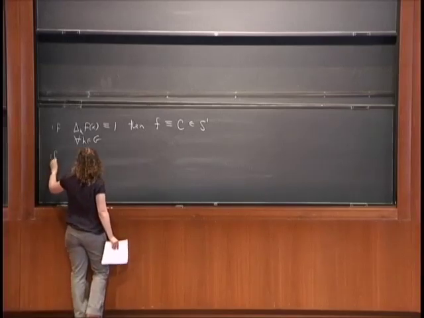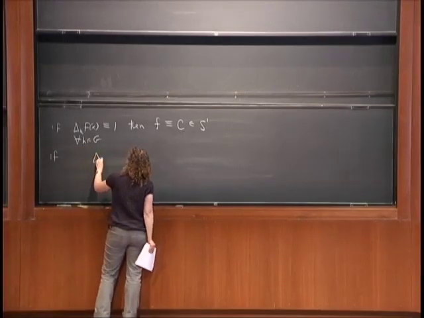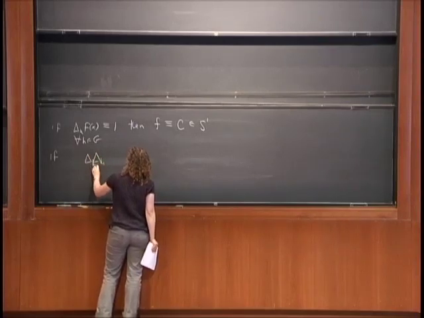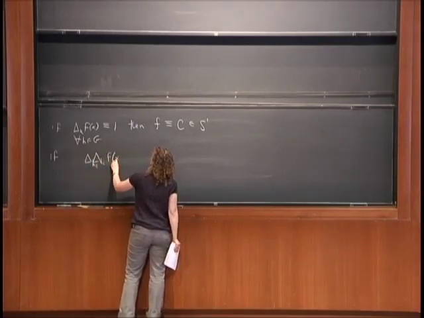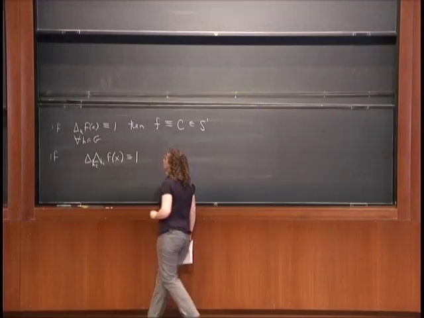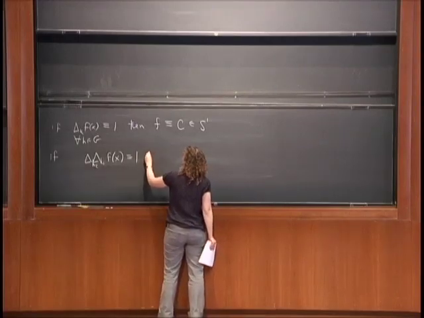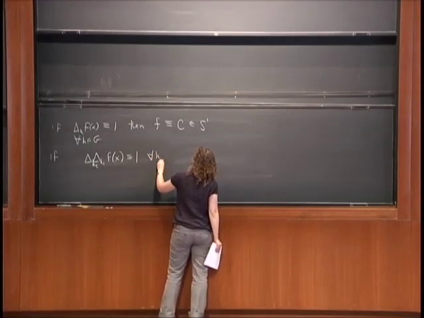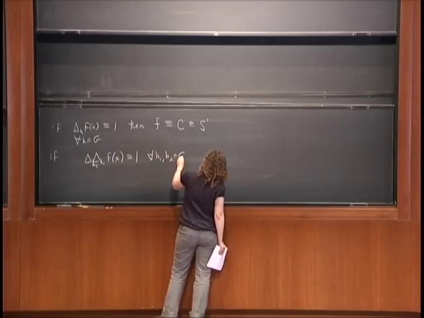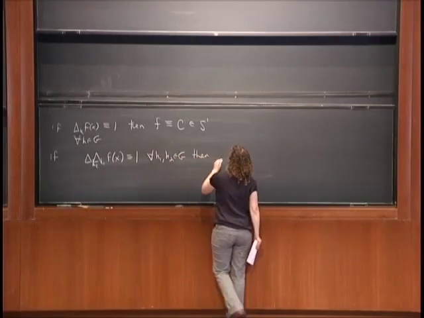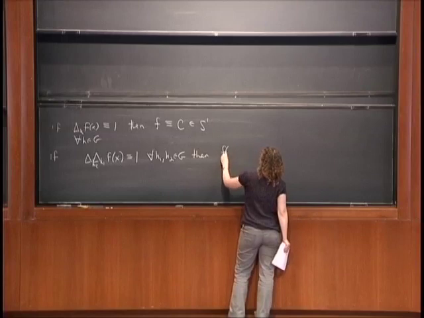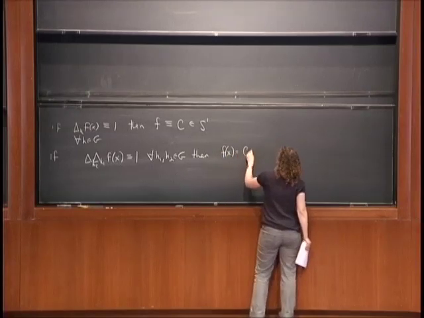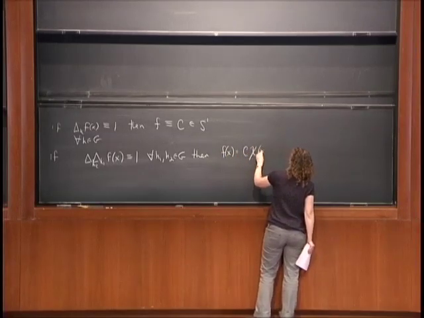And if I take two consecutive derivatives, so if I differentiate twice, and this is trivial for any h1, h2, and x, then f is necessarily a constant times a character.